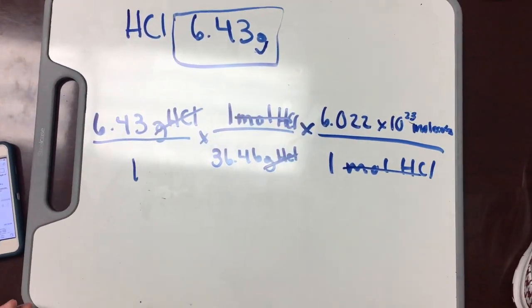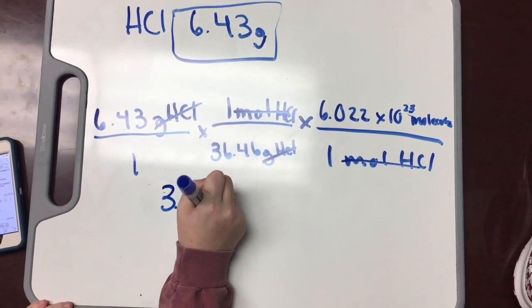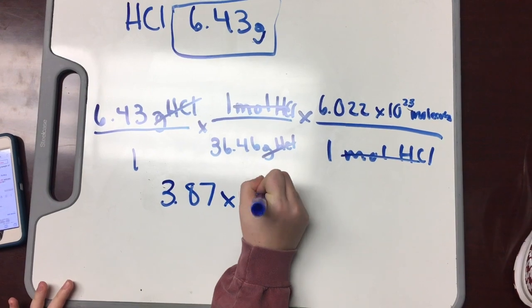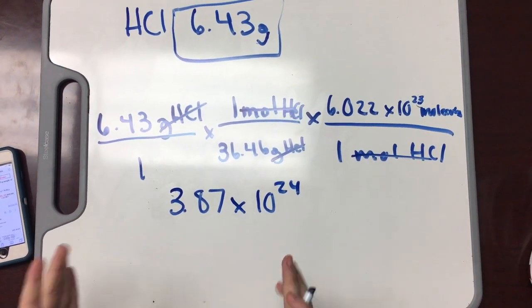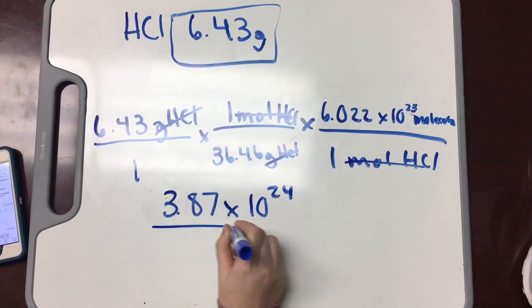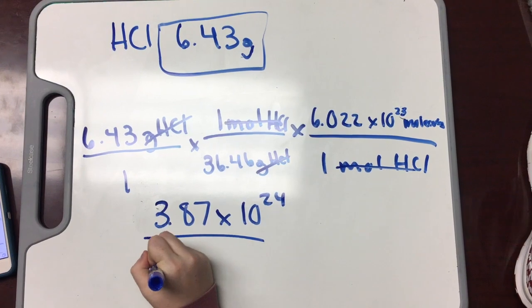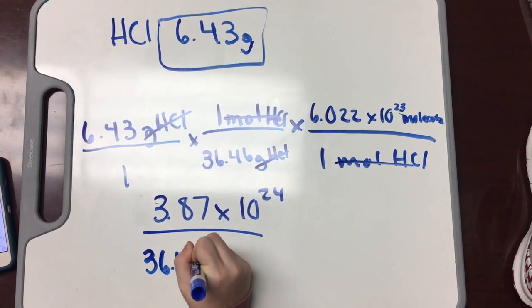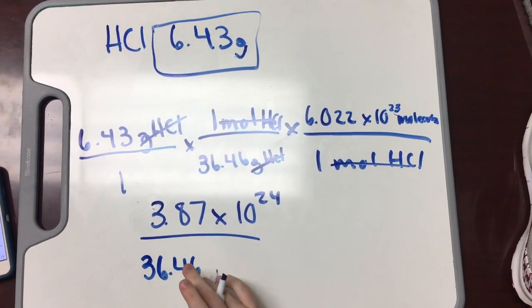So after you multiply the top, you're going to get 3.87 times 10 to the 24th, and you keep this number, you don't multiply it, it's a number that stays like that. So since you're just multiplying by 1 on the bottom, you're just going to put 36.46 grams.